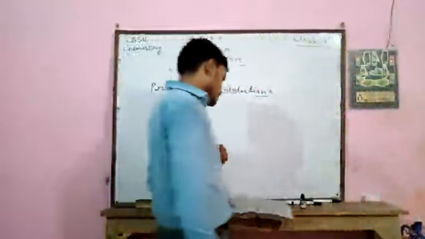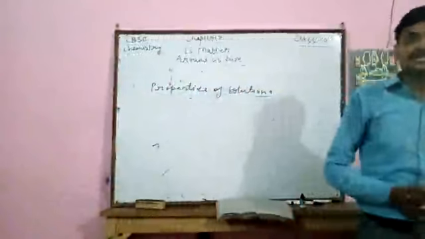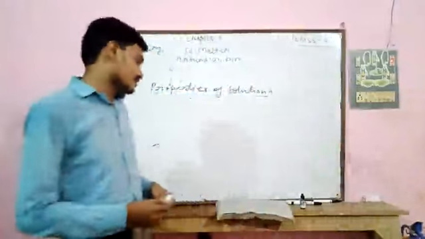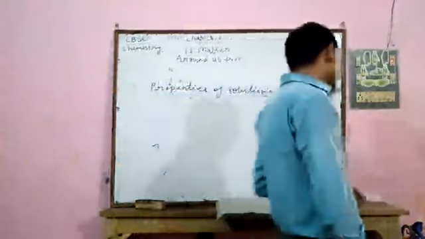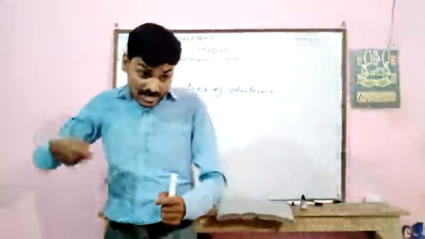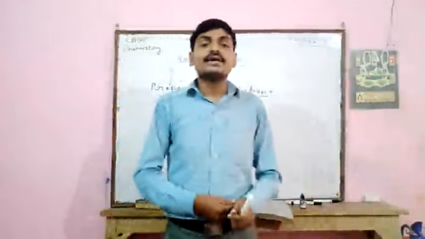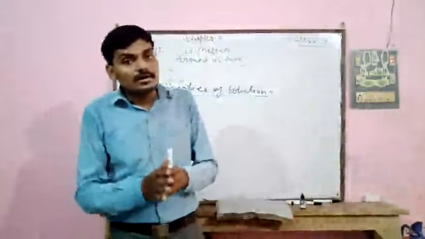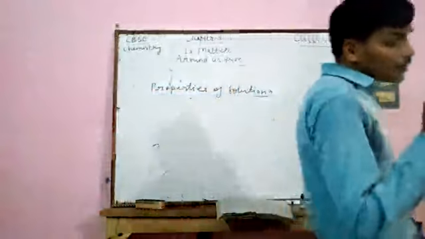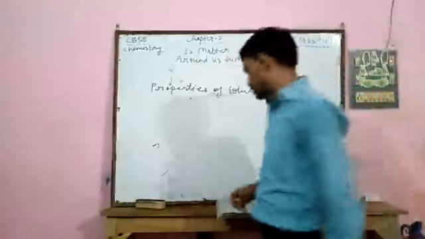Next property, solutions are very stable. The true solution does not scatter light. That is, if we pass light through a solution, the light is not scattered. So these are all the properties of a solution.